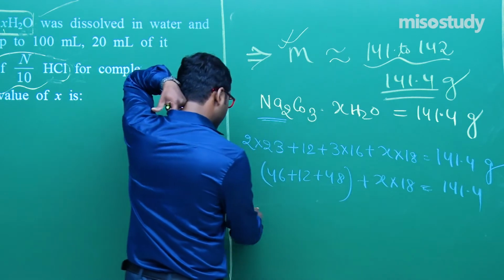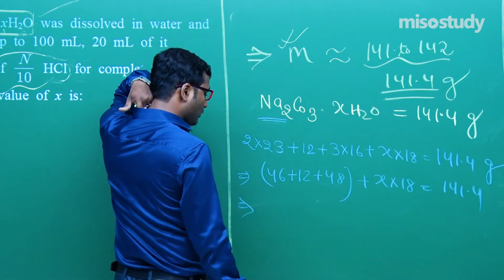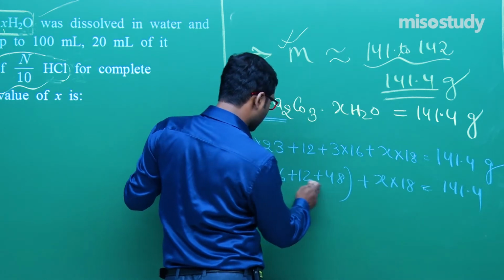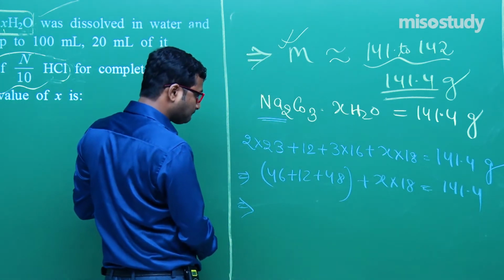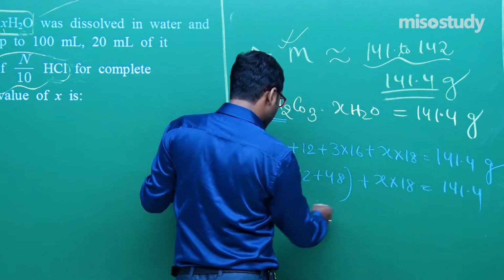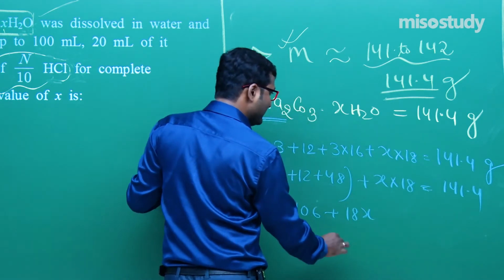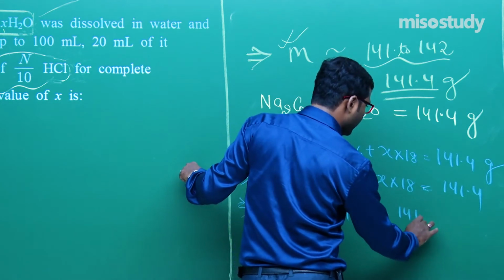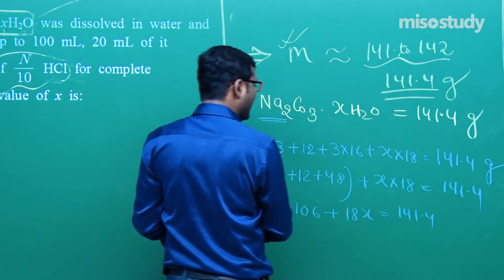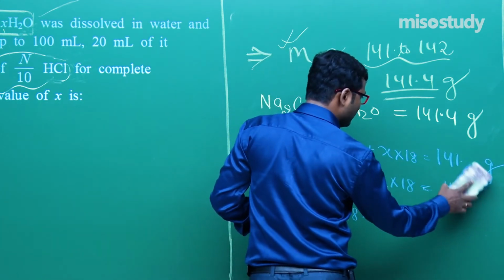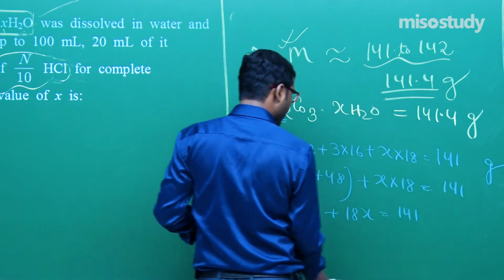Now it gives 106 plus 18x equal to 141.4, or simply you can write 141. I am taking the value only 141 so that you can easily solve such kind of question. 141, okay, not an issue.